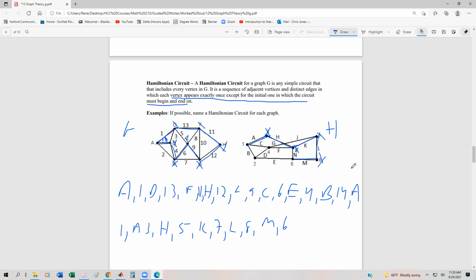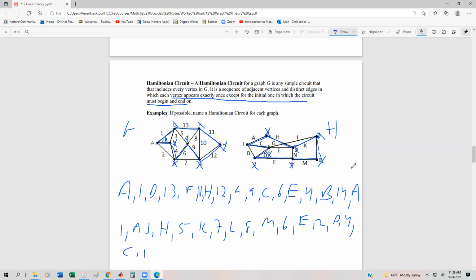And then we still need to get this vertex 4 in there. So we can go to 6 to E to 2, and then D to 4. And then we can go back from C to 1.